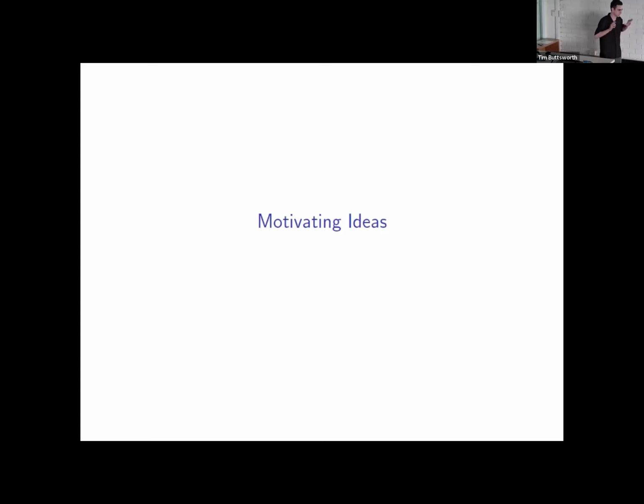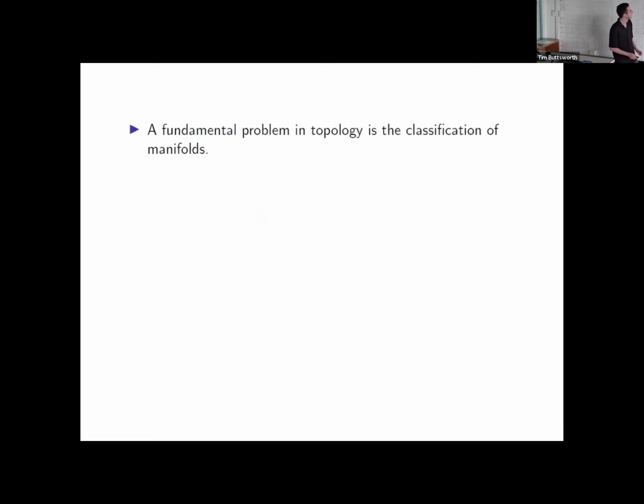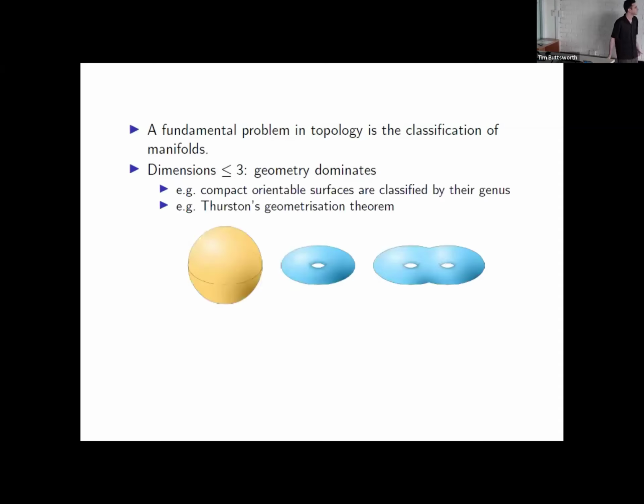But just to start, very motivational sort of ideas. So of course, in topology, we want to classify manifolds. We want to make a list of all different types, right? And in low dimensions, so three and lower, this is quite a geometric sort of thing. So for example, compact oriented surfaces, you can classify by their genus.